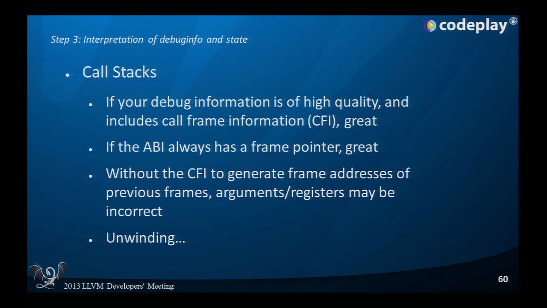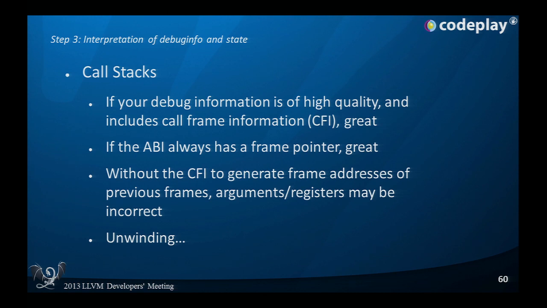Call stacks. This is when we get into the nasty part. If your debugging information is of high quality, includes call frame information, where things are located at various frames, that's good. If your ABI always specifies a frame pointer, and your users aren't using compilation options which omit them, that's great.